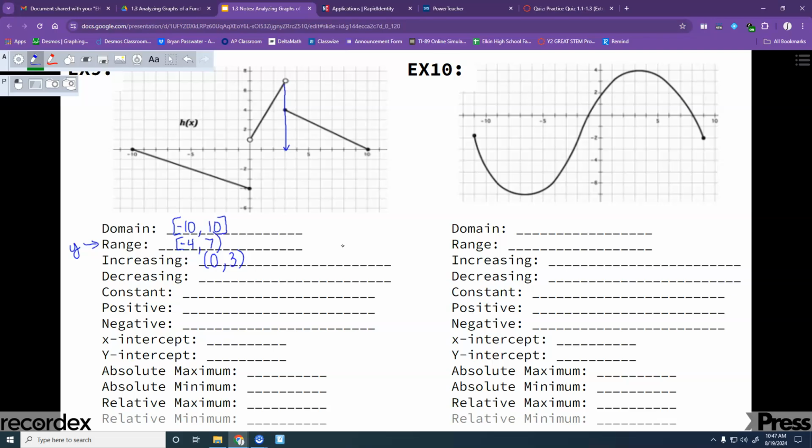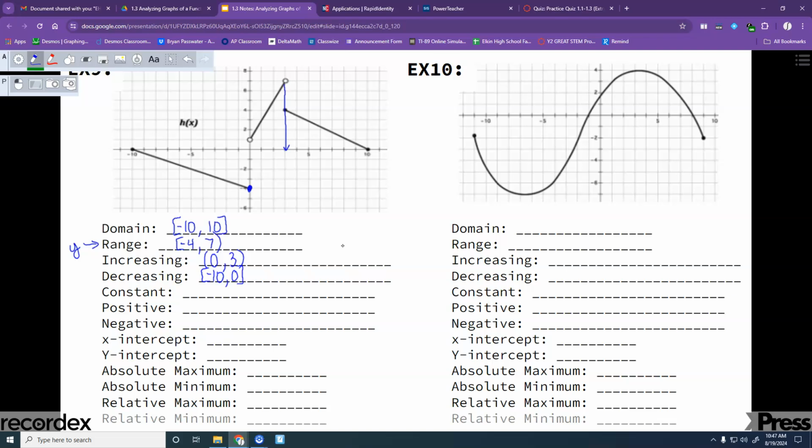Okay? So that means that our other two are going to be decreasing. So this section right here is decreasing. That is from -10 over to, what do I have at this point right here? 0. Not -4. How many of you were thinking -4 on that one? Because that's the one I missed earlier. I wrote down -4, which is wrong. 0.